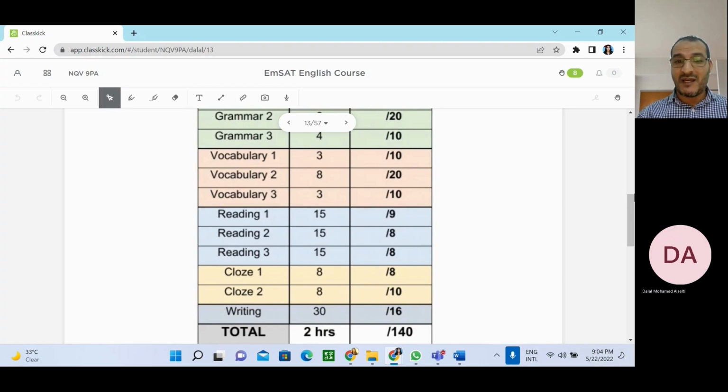I'm not sure about this actually, but I think it's only 2 texts. It could be 3. The total is 2 hours. You have to prepare yourself psychologically to spend like 2 hours doing this EmSAT test, inshallah.